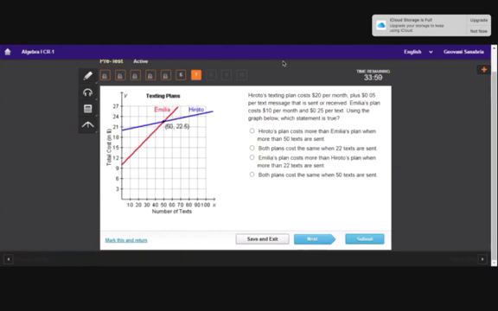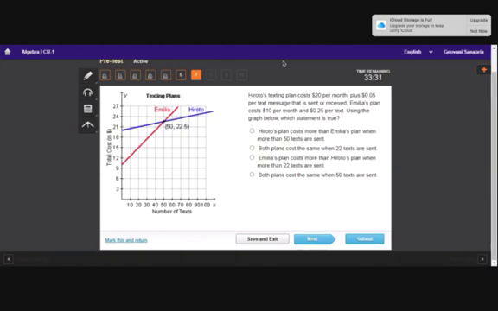Both plans cost the same when 22 texts are sent. That's also not true. When do both plans cost the same? At how many texts? At 50. Emilia's plan costs more than Hiroto's plan when more than 22 texts are sent. That's also wrong, because it should be way below. What if it's more than what?